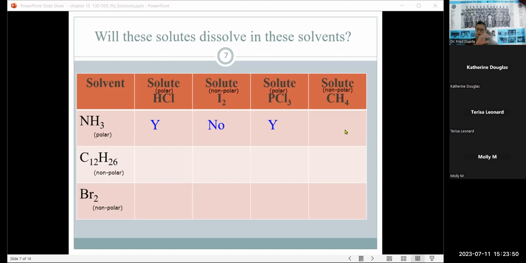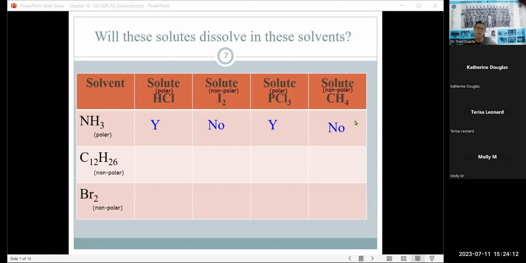Remember, the solute is what's in lesser amount and lesser quantity than the solvent. So PCl3 will dissolve in ammonia because they both share the same polarity, but methane will not. Methane, because it's nonpolar, that's what methane is, carbon CH4.